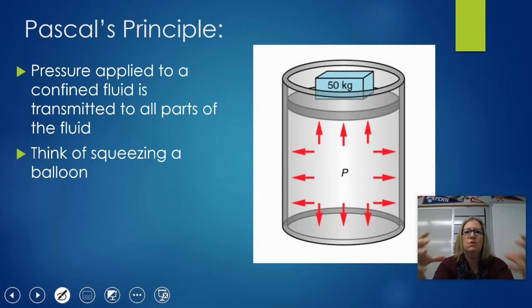Basically, if you exert a pressure on a confined fluid, whether it's a liquid or a gas, but really we kind of think of this one more as a gas, if you squeeze it, the pressure is exerted on all parts of the fluid, okay? So think about it. If I'm squeezing a balloon, the pressure is not just being exerted where my hands are. The pressure is being exerted to every bit of the gas inside of that balloon, okay? That's Pascal's principle, also named after Blaise Pascal, okay?